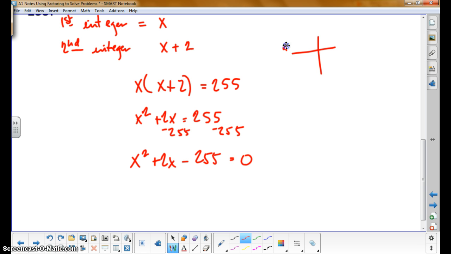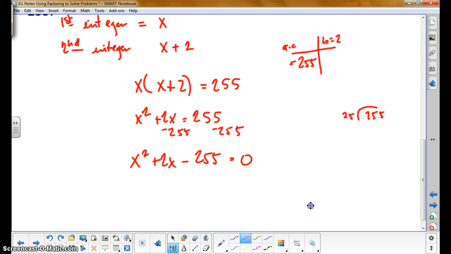So a times c is going to be 1 times negative 255, which can't be pretty, and b is equal to 2. So we're looking for two factors of 255 that are going to add up to a positive 2. I see a 25 in here, and 255 divided by 25, I may not.